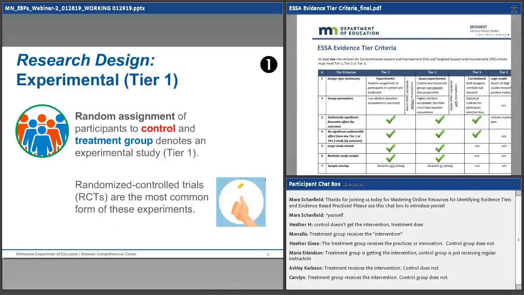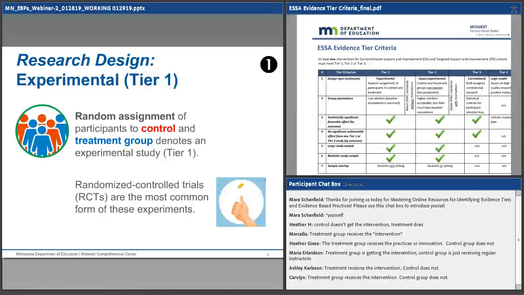Now the way they differ that I mentioned is that if the control and treatment groups include random assignment of participants, then that meets the experimental or the tier 1 criteria, right? So if you have random assignment, if the participants are assigned based on a 50-50 chance, like a coin flip, then that is considered more rigorous.